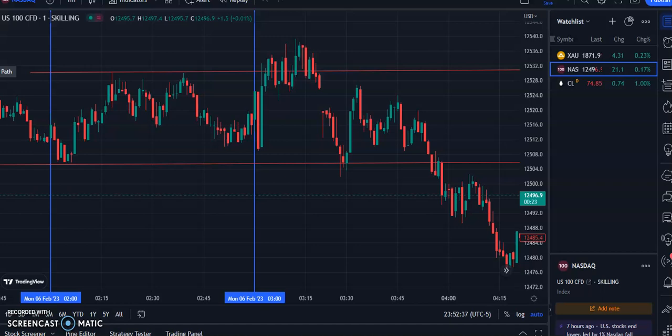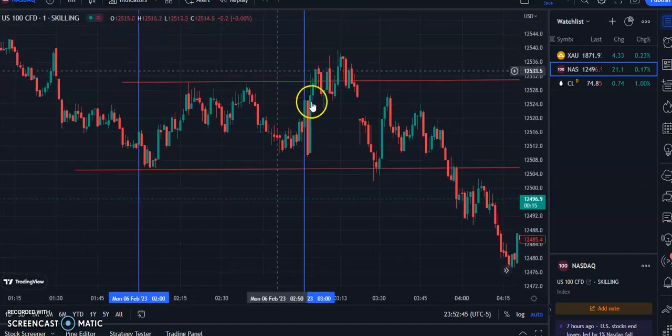Now, once you understand how the reference line works, now we have a bias. We know we are in a falling market. So there are a couple of setups, but once you look at the market over and over again, you start to see things that are unique to you.